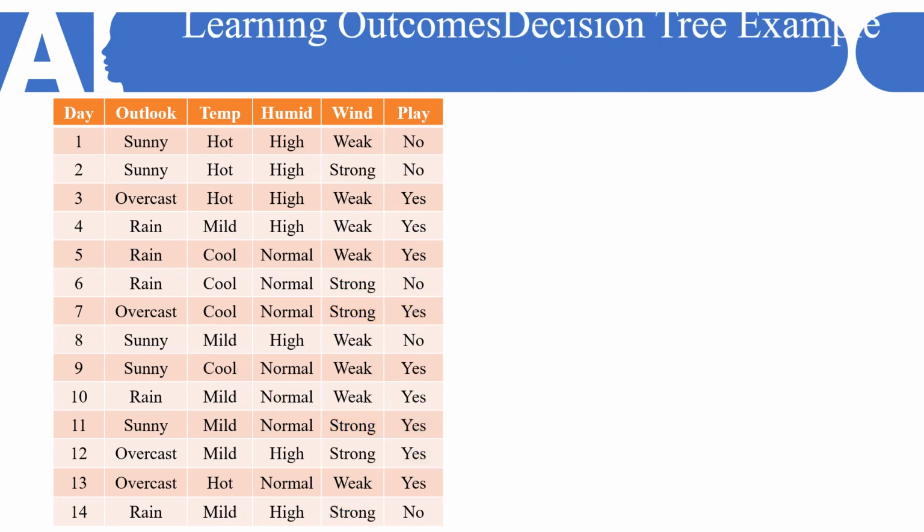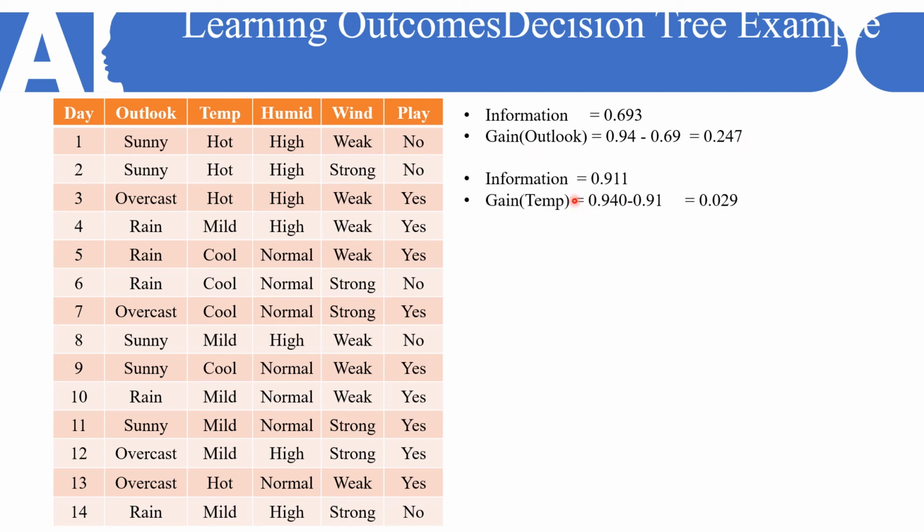In the same way you are going to calculate it for these two columns also, that is temperature and humidity. Now suppose we have calculated it. For outlook, the information is 0.693 and the gain from outlook is 0.247. Similarly for temperature, if I calculate the information, it is 0.911 and the gain is 0.029.